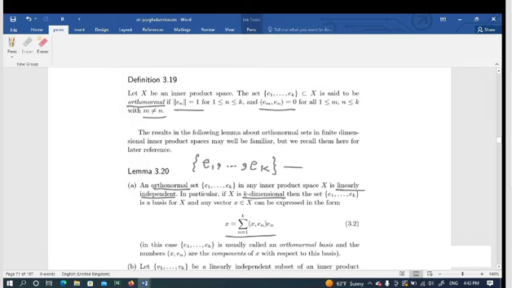So we can write x as the sigma of lambda n En for a scalar lambda n. The lambda n's depend on x, so that we can write x as this sigma n from 1 to k.